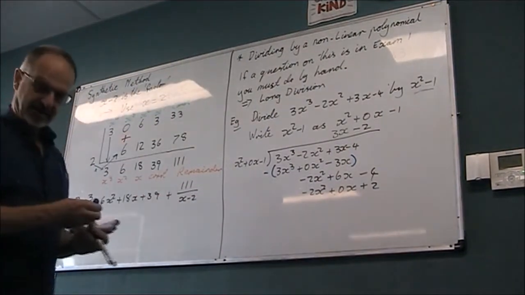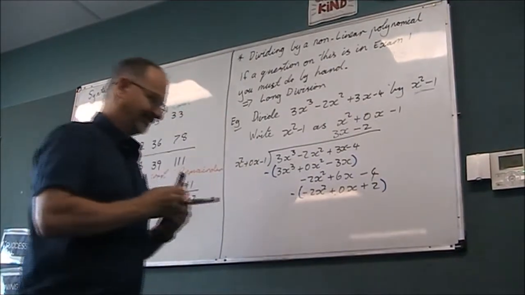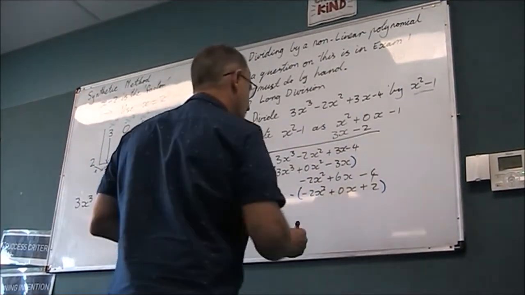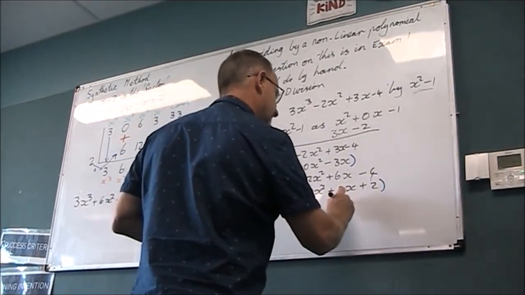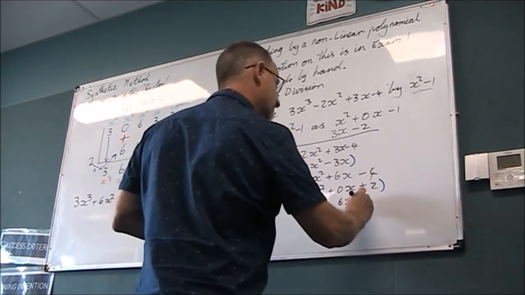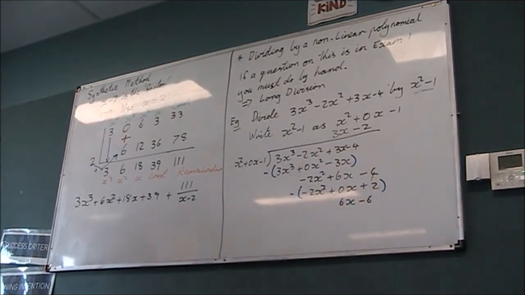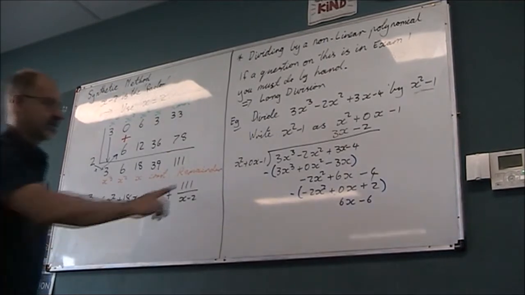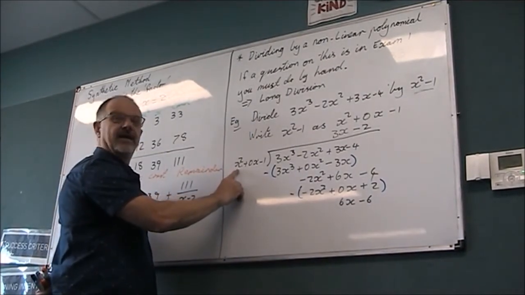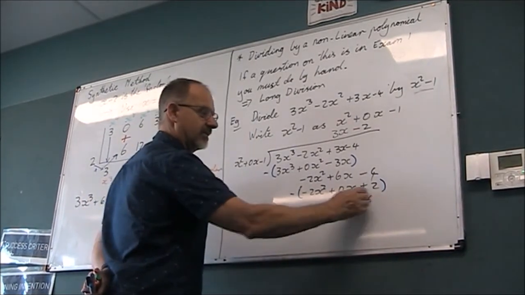And then we've got to take that away. So 0, 6x, and minus 6. And that is as far as we can go with this one. All right, because x squared here, and we've just got x there, so we've got a remainder.